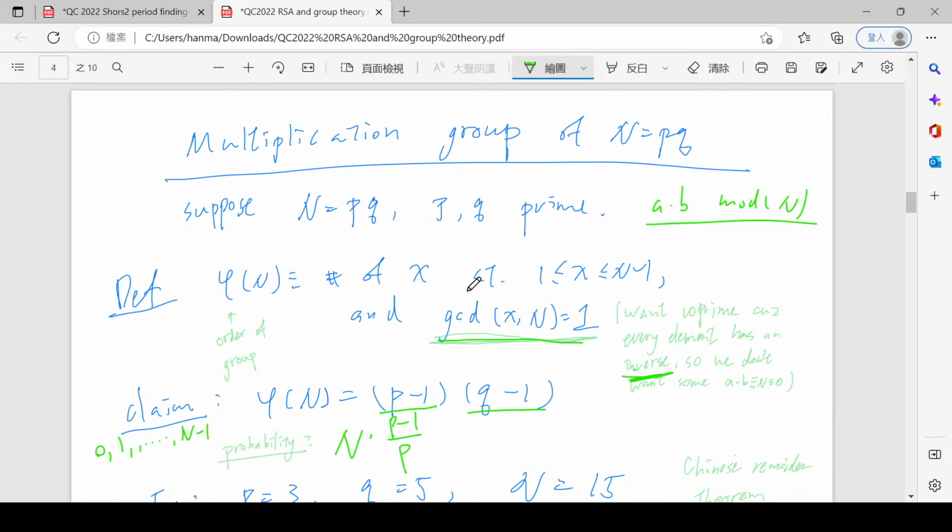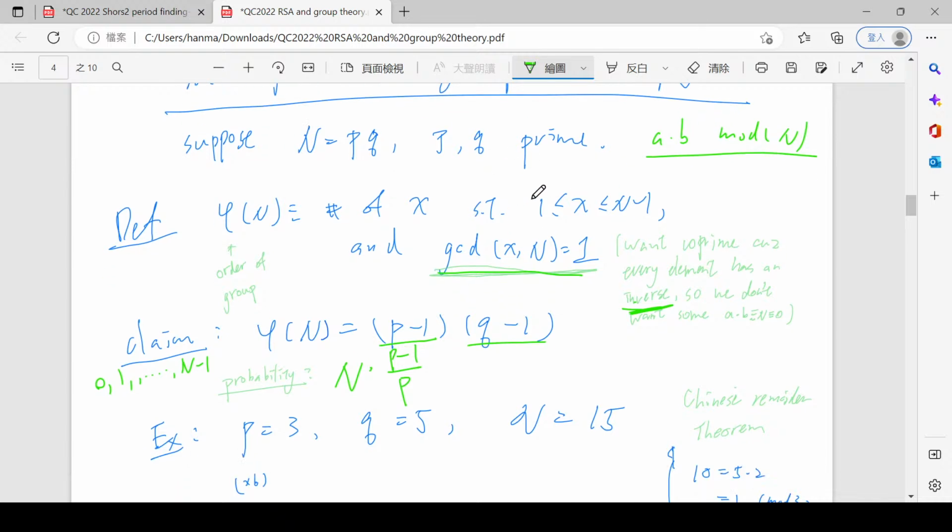Similarly, think about q. If you take a totally uniformly random number, what's the probability that it is coprime to q? q is a prime, so that's q minus 1 over q, because you have 0 to q minus 1, and only if the remainder is 0 do you have a factor of q.